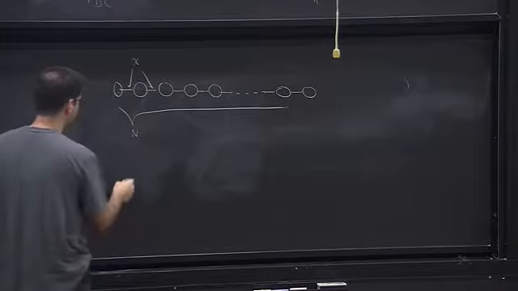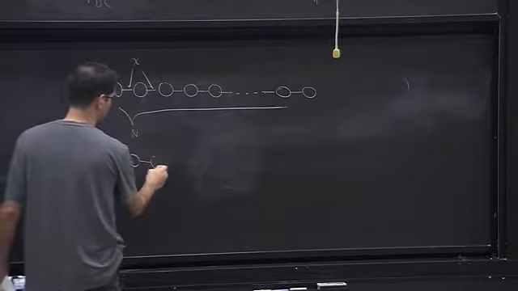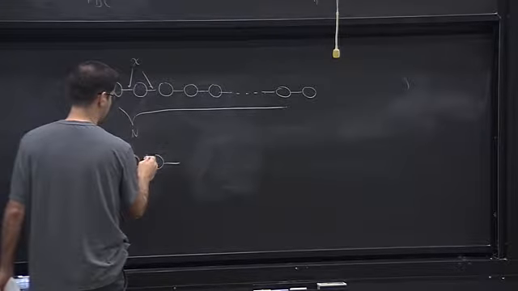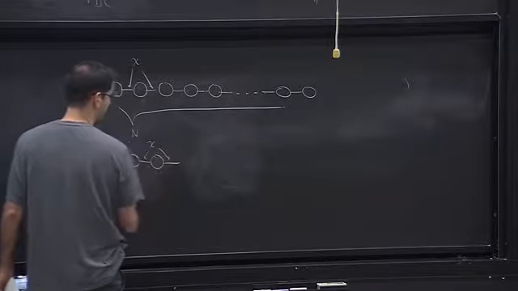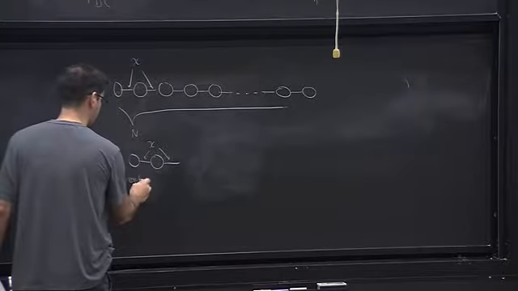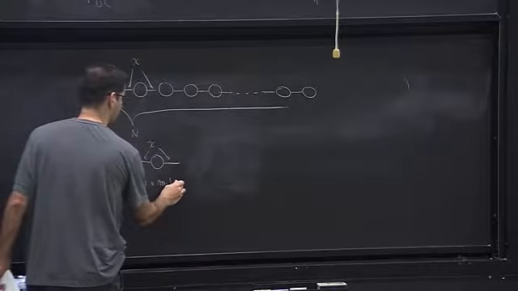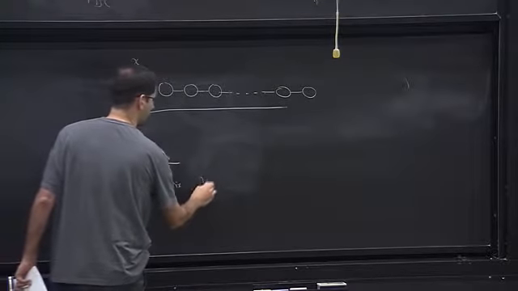And at each given time, you just have to take a vector times a matrix. Okay, so this takes chi values, and this takes chi values. And the cost of multiplying a vector times a matrix is only chi squared. Okay?